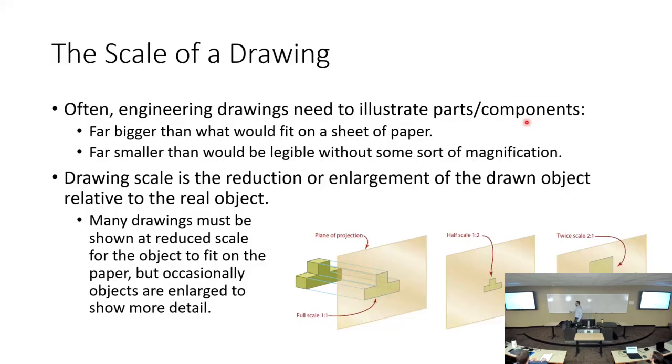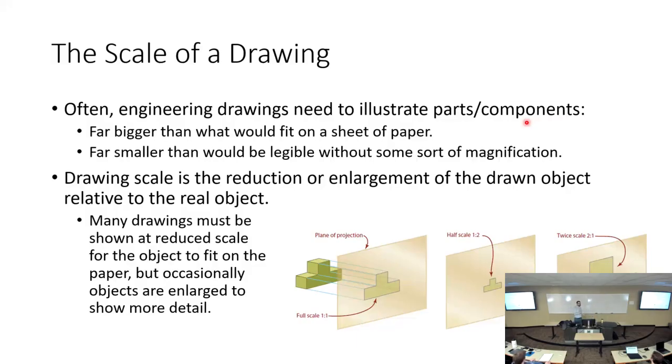And for you mechanicals or biomedicals who are rolling your eyes at the bridge example, what about a bioimplant device going in the human body that has a screw about that big? You're going to have to blow that up so that you can read the drawings, the dimensions, and the schematics. Whether you're reducing the size of a schematic to fit it on a sheet of paper or blowing it up so that you can read what's going on, you need an understanding of scale.